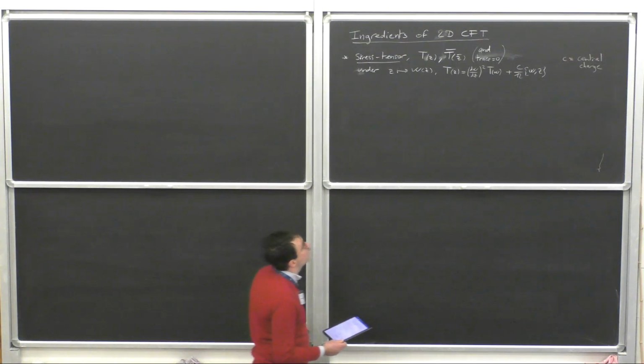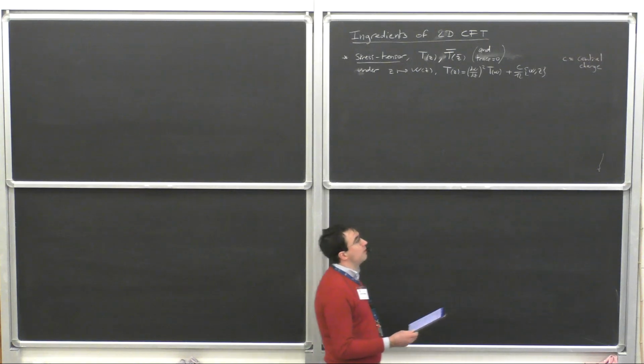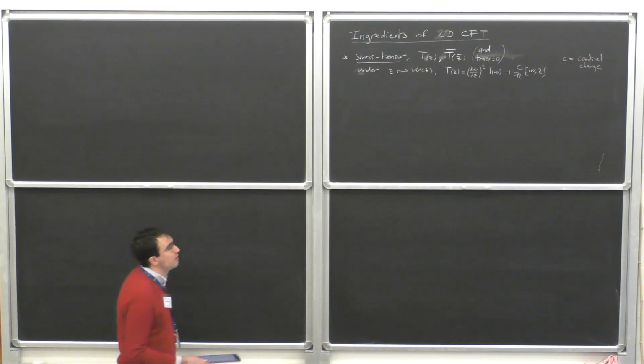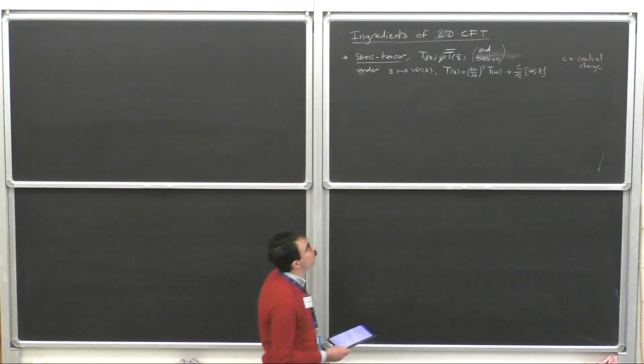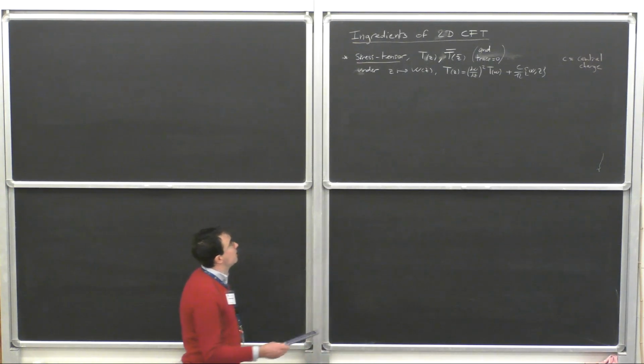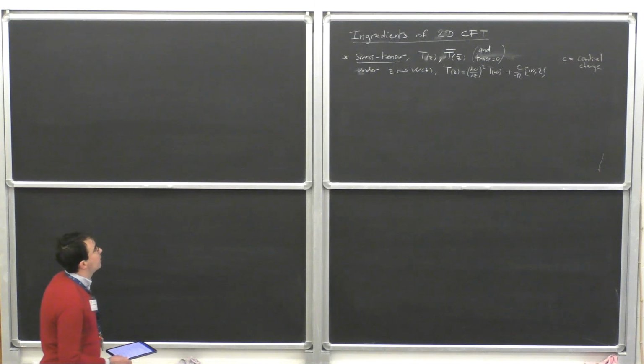So remember, we discussed the fact that a CFT, you could think of it as a recipe to define and compute partition functions and correlation functions that are ratios of partition functions.